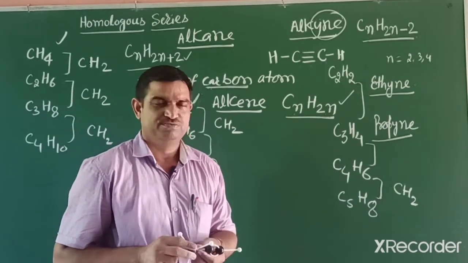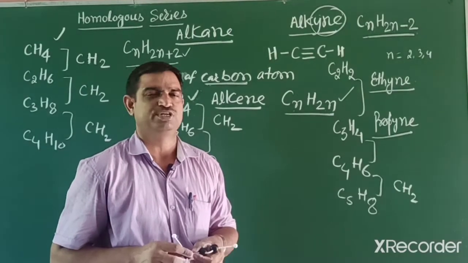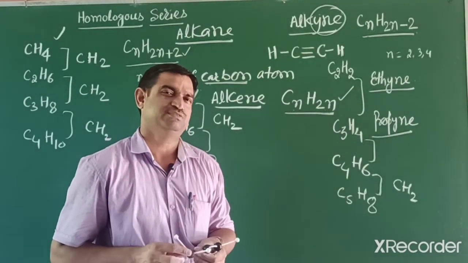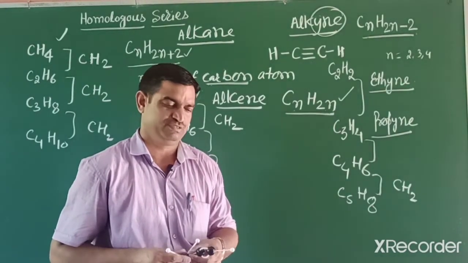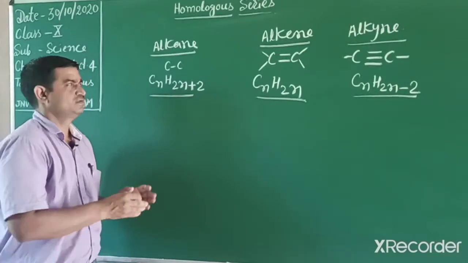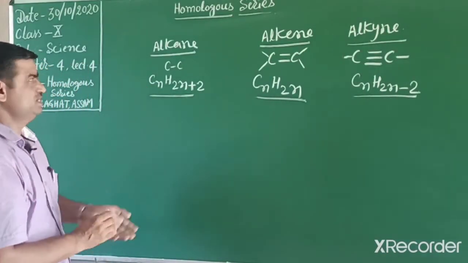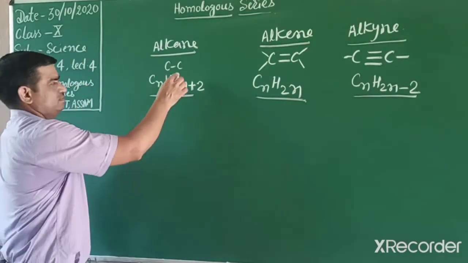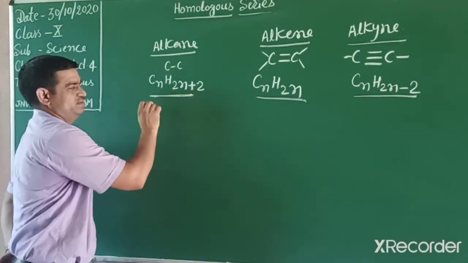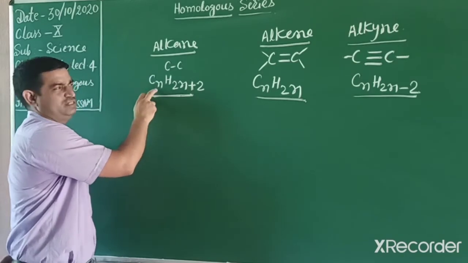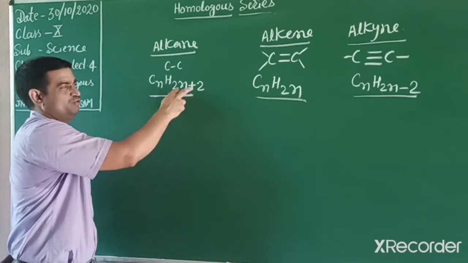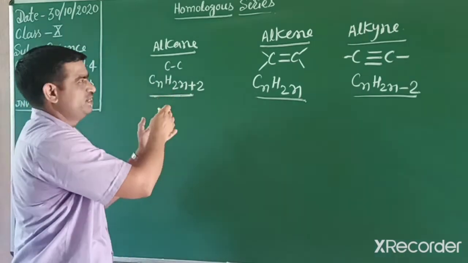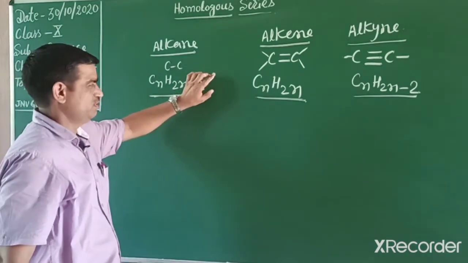Now students, we will explain by taking more examples of other functional group compounds. Now students, we can summarize alkane, alkene and alkyne. You can clearly observe that the general formula is CnH2n plus 2 for alkane. Further, for making a double bond, we have to remove 2 hydrogen.